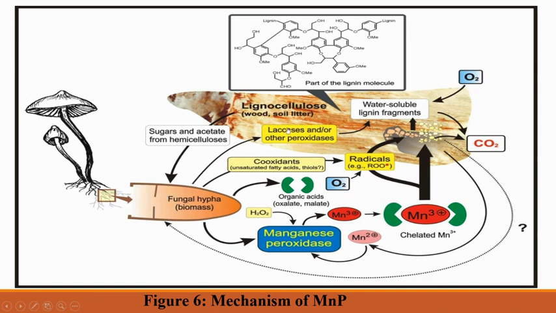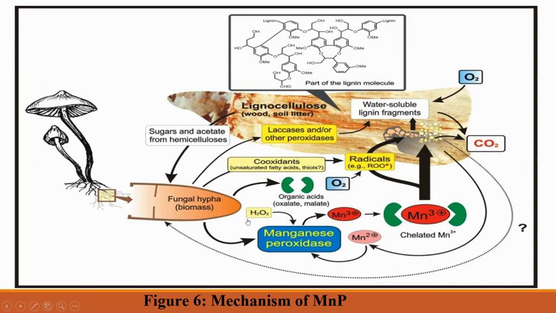It's going to produce laccase and other peroxidases, okay? And these peroxidases will break down lignin and make it soluble, okay? Now, it can also produce some other co-oxidants, unsaturated fatty acids and thiols, okay?